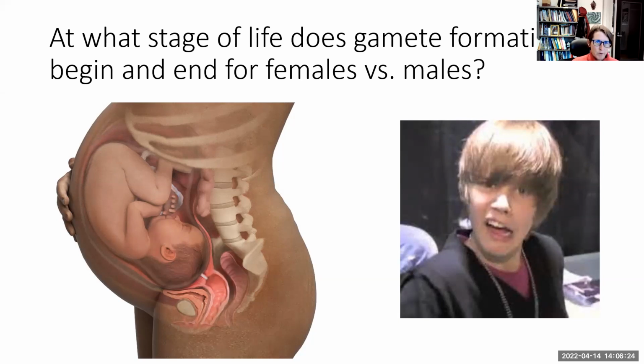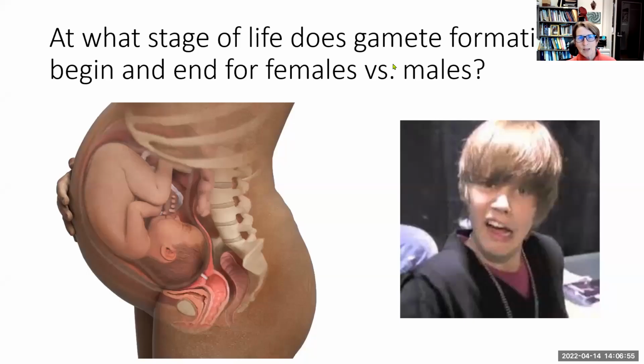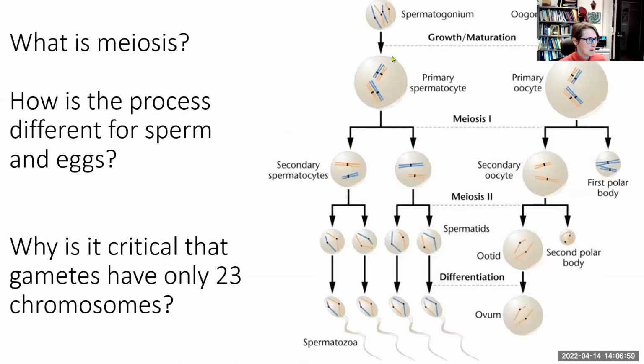That starts before she's born, and it gets stalled until puberty starts. Versus males, meiosis starts at the beginning of puberty, which is usually around 13 or 14 years old in most people. So, right, Bieber, he's still cool? That's okay. Still cool in my world.